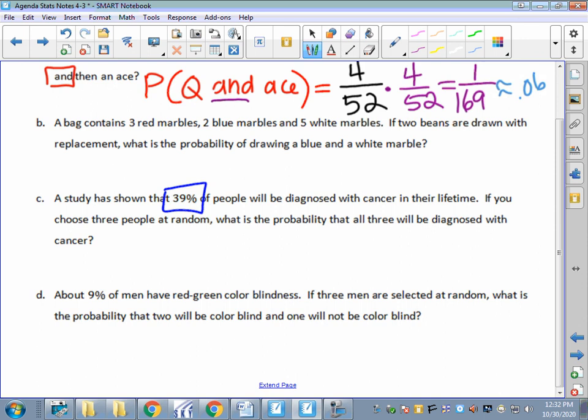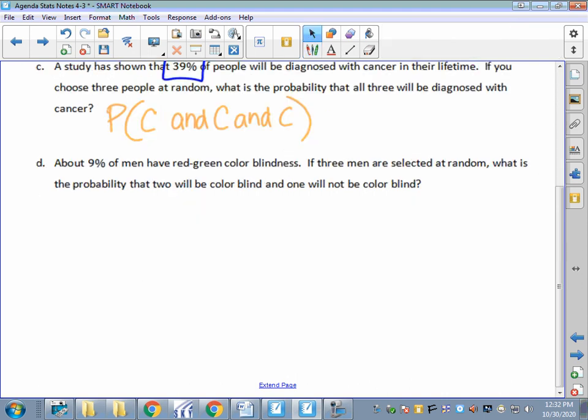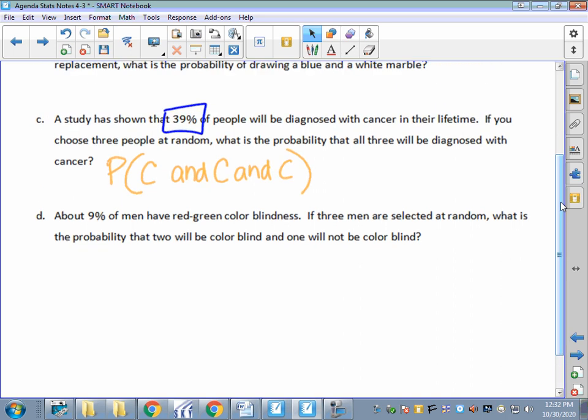It's a percentage instead of a decimal or a fraction. I'm looking for the probability of a cancer diagnosis, and a cancer diagnosis, and the third person has a cancer diagnosis. So even though this is without replacement, my population is so large that if I took one out, it's not going to affect that calculation.